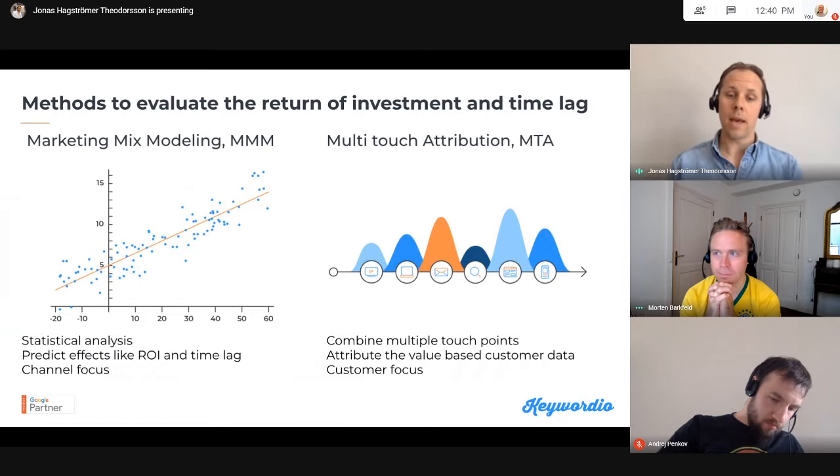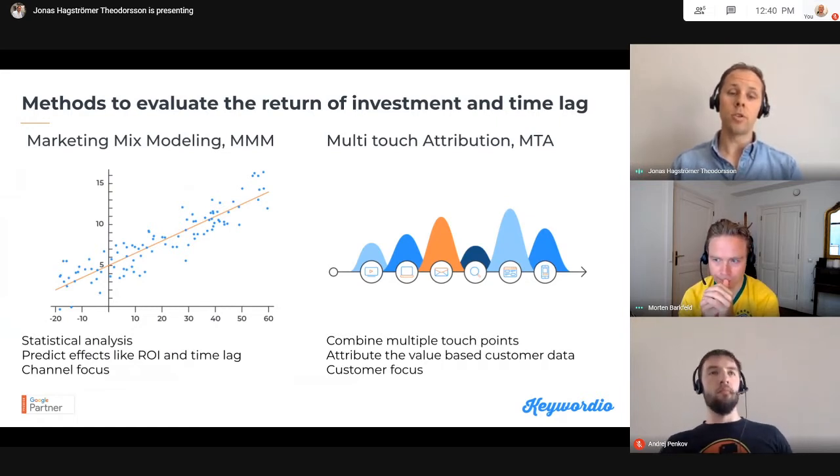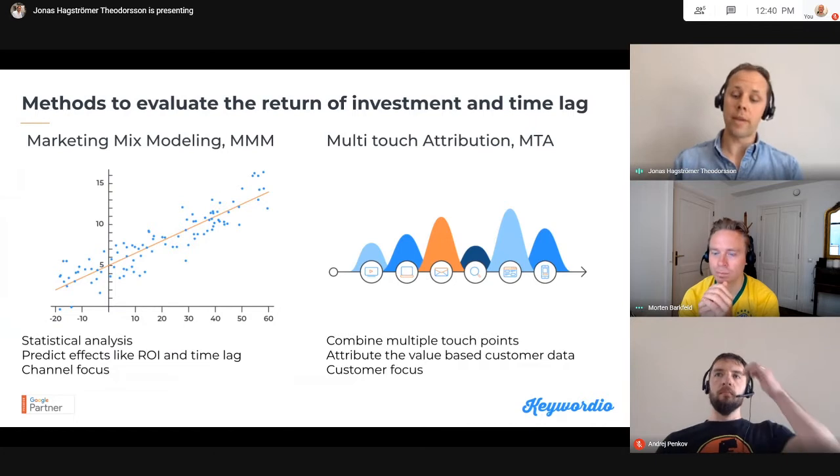Did it start with a TV ad, or did it start with an ad on YouTube, and then make an analysis of that, and then estimate the impact along the way. So these two ways of doing it is typically the way to do it. But if you don't have this in place, you can still work a lot with doing the estimates on where they are in the channel and the customer journey that I showed you earlier.